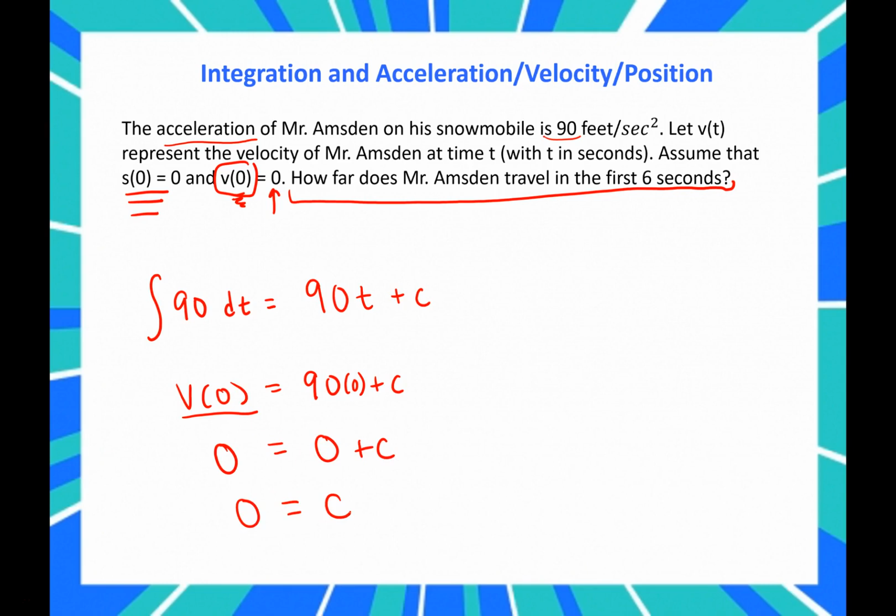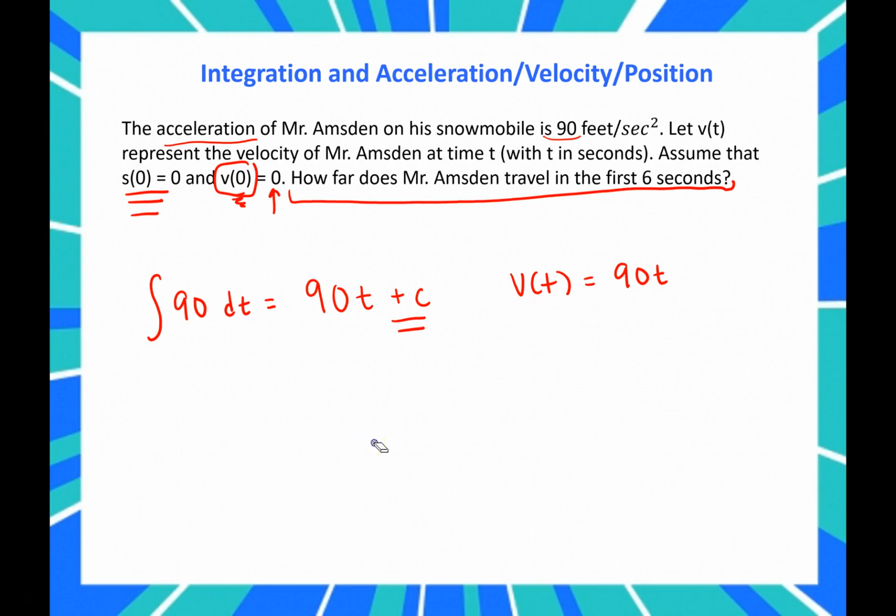So what have I just found? I've just found that my velocity function is simply 90t, and we found that the c is 0. Now, is this going to be true whenever velocity of 0 equals 0? Yeah, it is. Basically, you're going to have 0 as your plus constant term. All right, now what are we going to do? Well, I have velocity, and I need to find the position function.